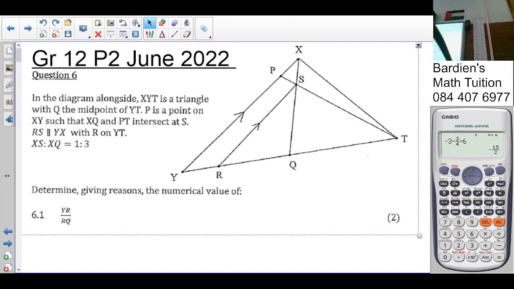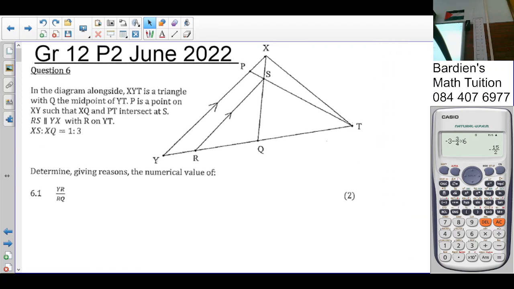Okay, so in question 6 we are told that in the diagram alongside, let's make it a bit smaller, XYT is a triangle where Q is the midpoint of YT.